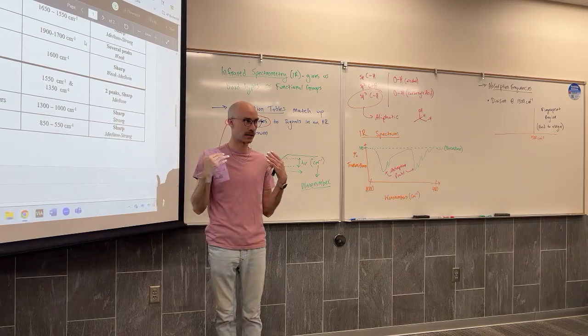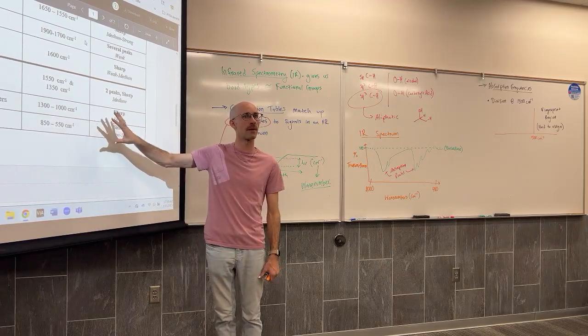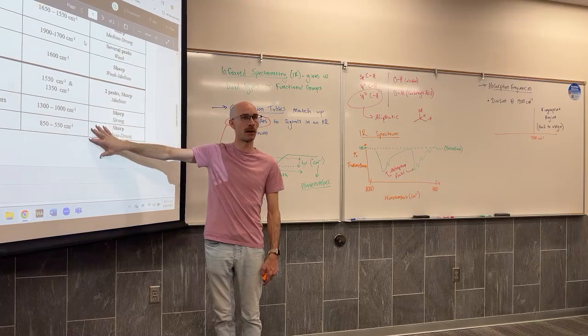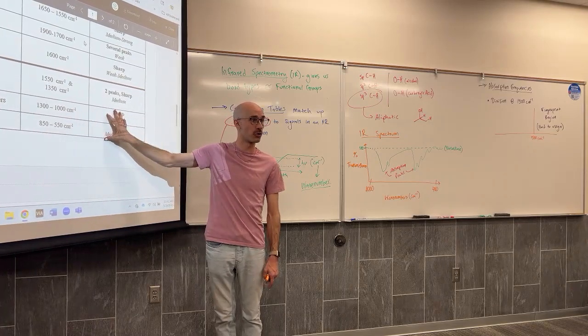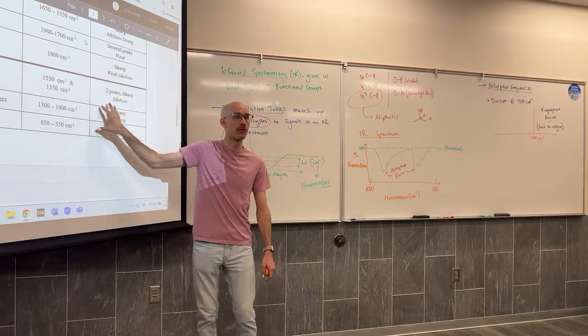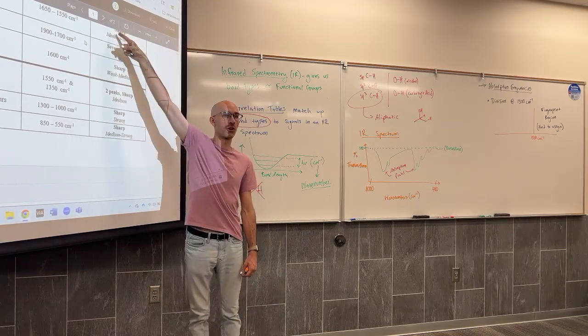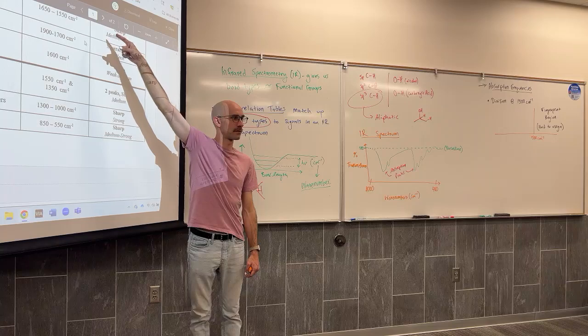That's not what I'm trying to say. I just didn't want to take up a second page for my correlation table to show all of the other bonds that also absorb down here. Because all of those other bonds also absorb in the other region.